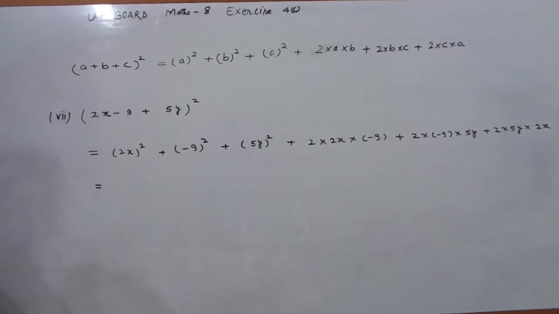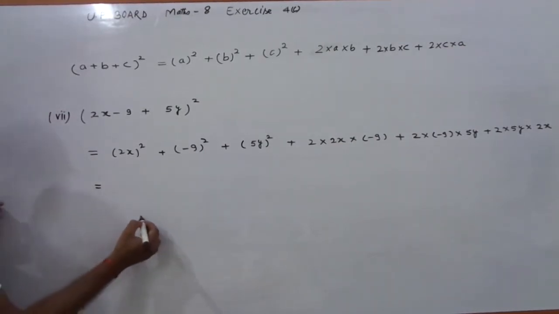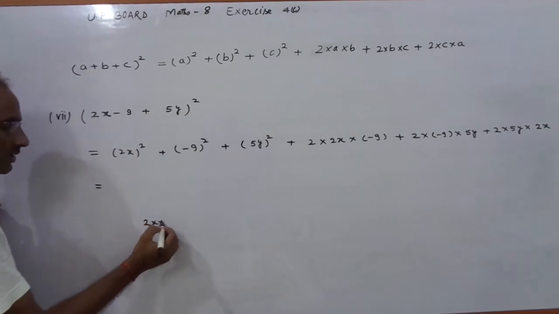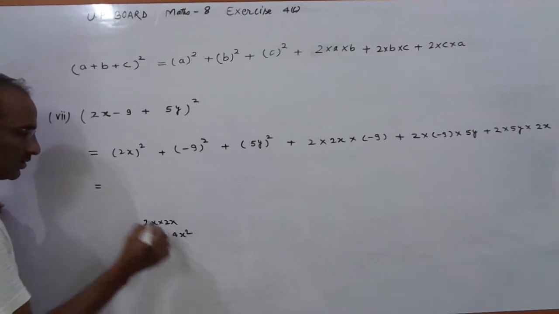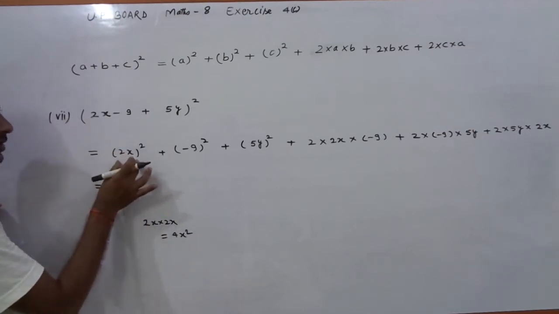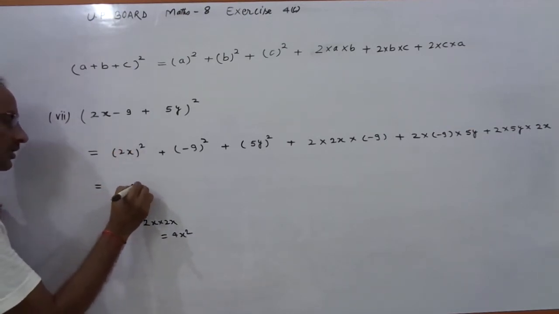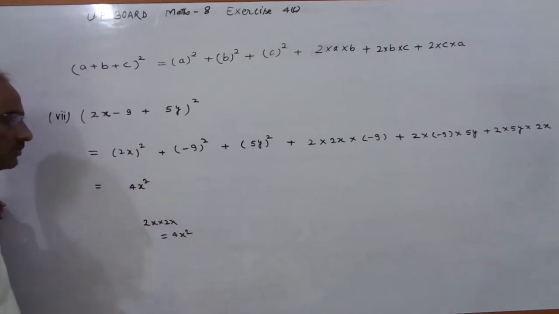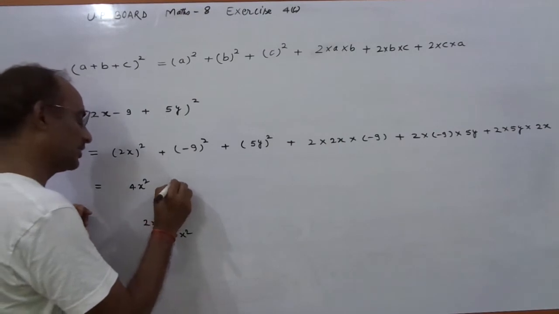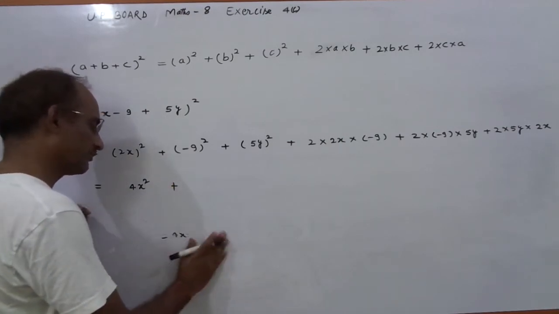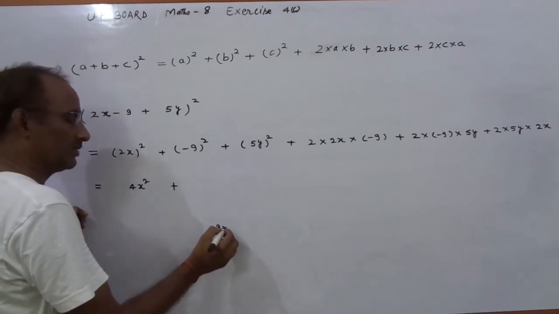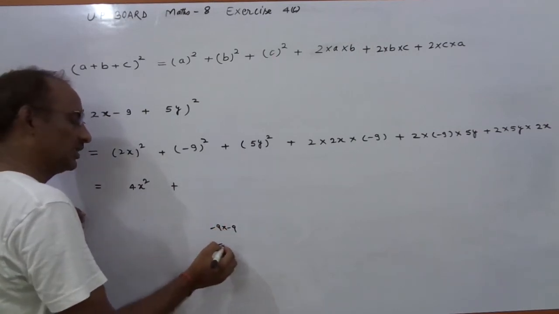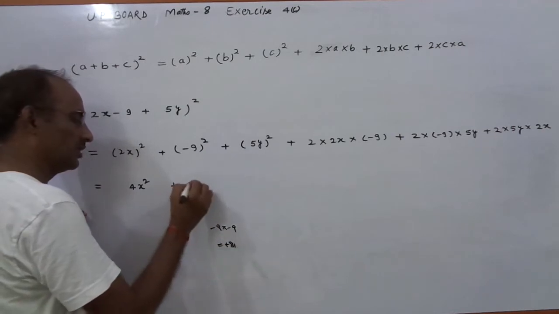(2x) whole square. It means we have to multiply 2x with 2x, so we get 4x power 2. So in place of 2x whole square we write 4x power 2, and then in place of plus we write plus. -9 is multiplied with -9, so we get plus 81, so here we write 81.